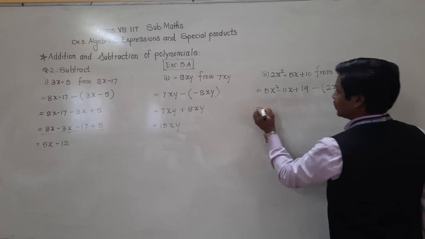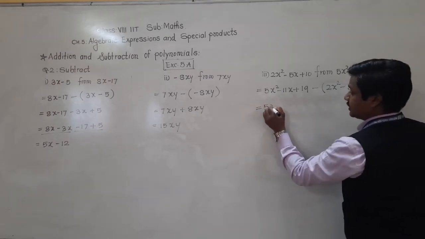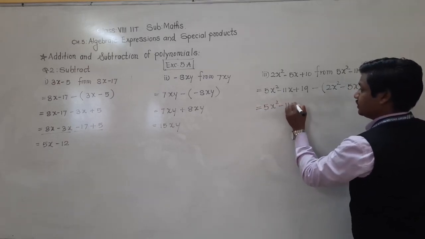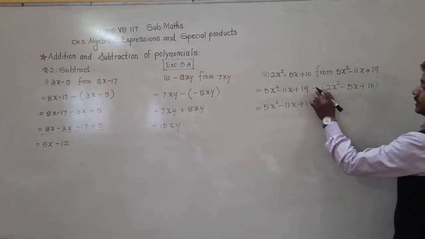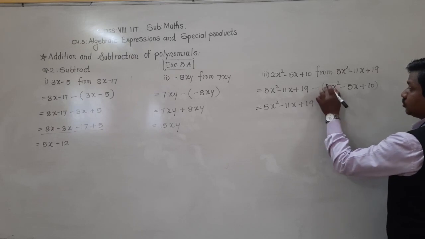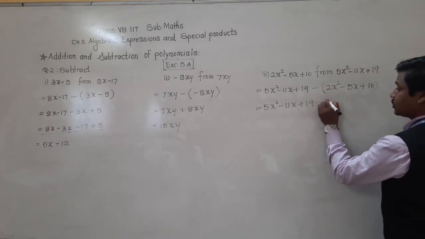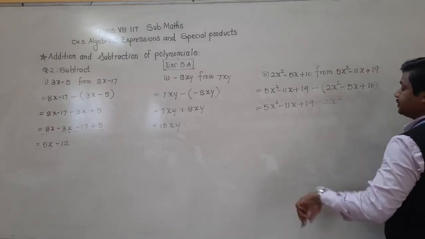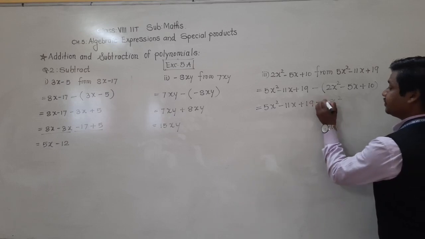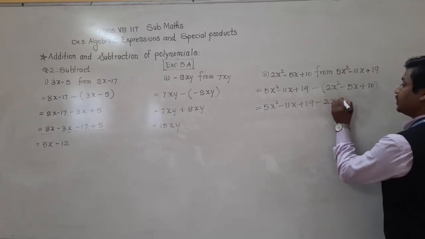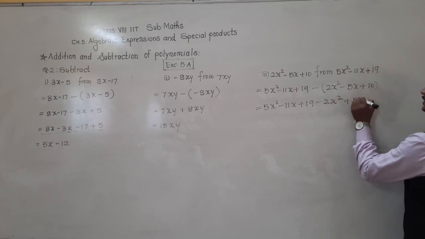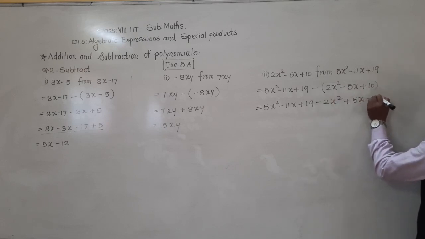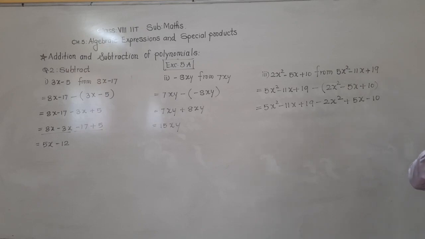Okay, first remove the bracket. For that, the first expression write as it is. Okay, minus into plus 2x square, minus 2x square. Okay, minus plus 5x and minus 10.